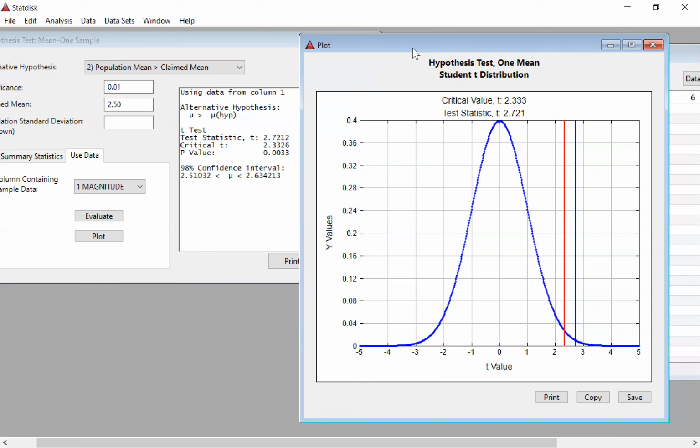And what we see here is we do see that our blue of the test statistic is falling beyond the red of the critical value. We landed off in the tail this time. And our p-value, 0.0033, that is less than our significance level. So let's take this back on over to here.